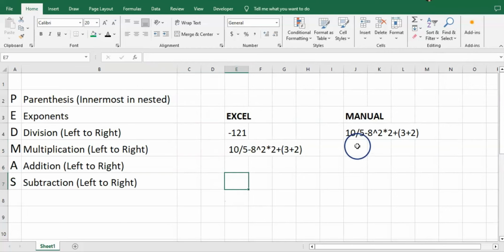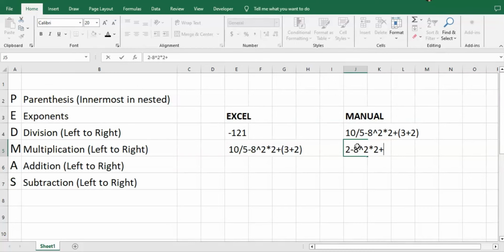Now we are going to work it out manually from left to right. 10 divided by 5 is equal to 2. Then I put the formula as it is, which is 8 exponent 2 multiplied by 2 plus bracket 3 plus 2.